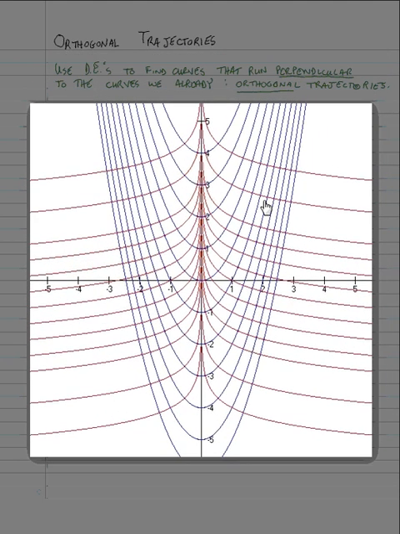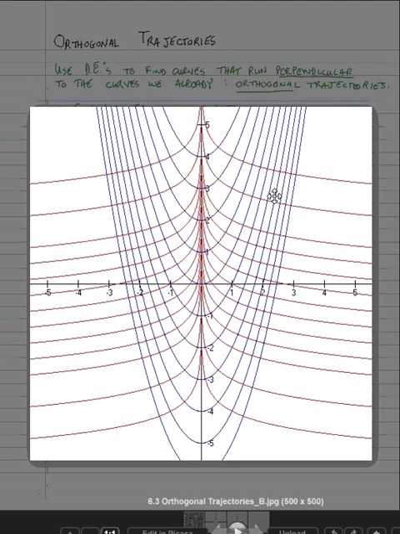Okay, now you notice here we've got a set of blue curves, and that's y equals x squared plus c. I've just put a few examples in there, like I said before. And then we look at the red curves. The red curves are a family of curves that's the orthogonal trajectory to the original curves, y equals x squared plus c.